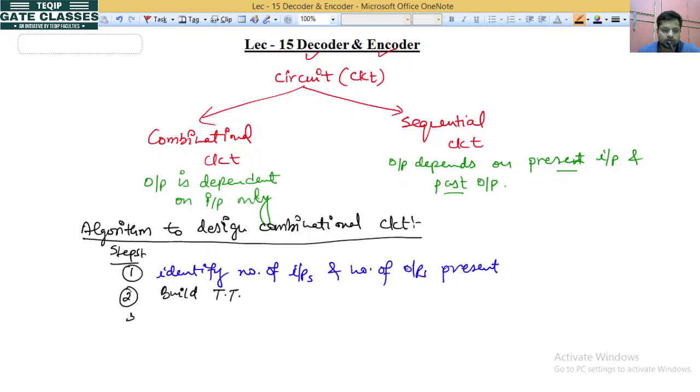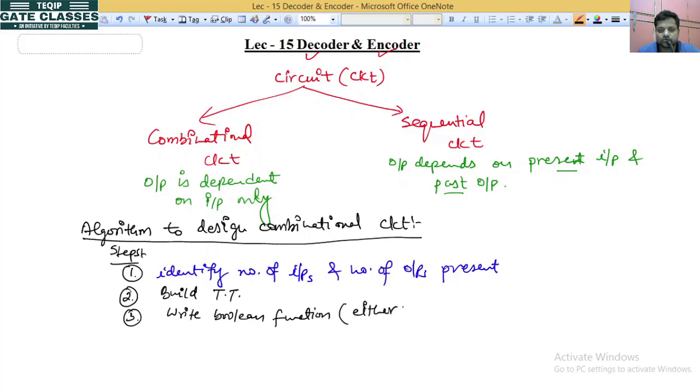After that, when we have the truth table, then write the Boolean function. So how many methods do we know?